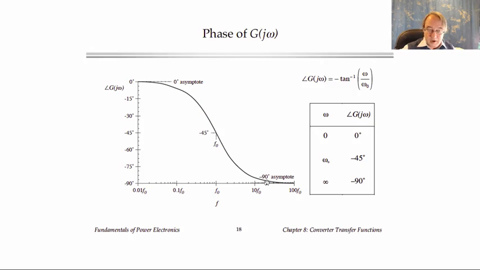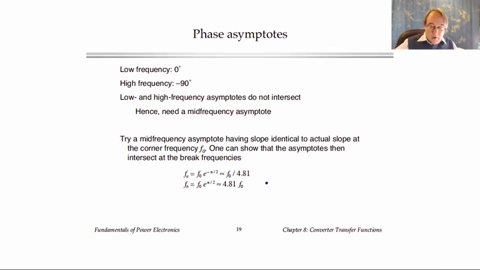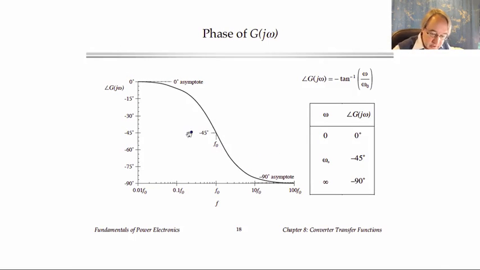Now there's more than one way to do this, and in fact in different textbooks or different papers you'll see different choices for that asymptote. One way to do it is to find the slope of this function right at the corner. So right here at minus 45 degrees we could differentiate the arctangent function and find its slope.